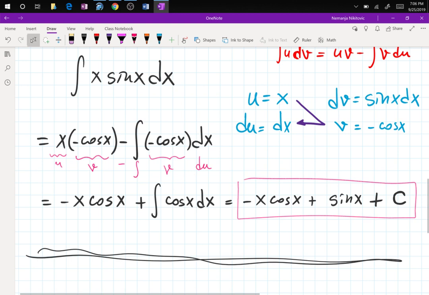Integration by parts helped us remove that x. And now we were able to integrate easily, right? So that's the purpose of integration by parts, to try and deal with the product in a way where you are removing that pesky x in front to solve the problem.